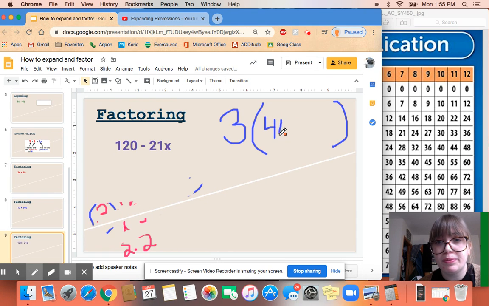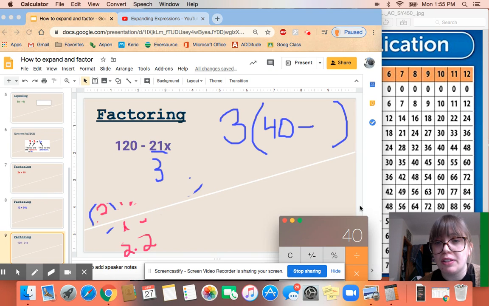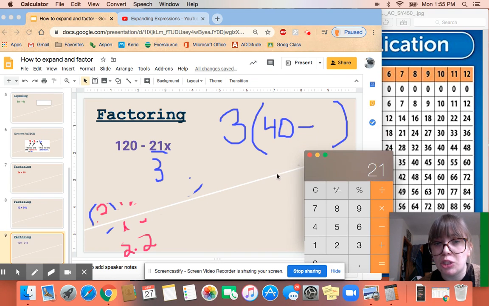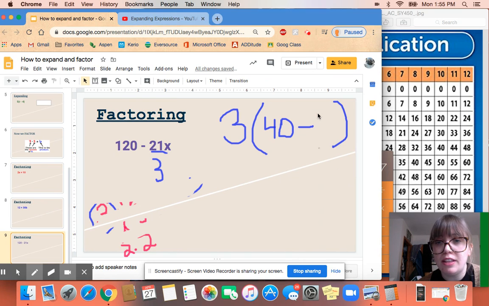There we go. Look, I'm going to bring my minus sign in because now I'm going to do 21 divided by 3. Here's my calculator. Sorry that this is a little bit messy for one of my videos today, guys. All right, 21 divided by 3 is 7.